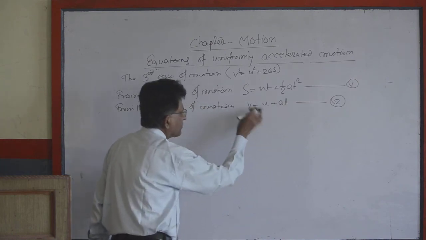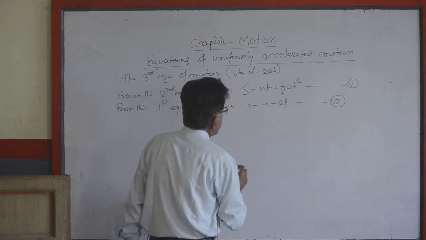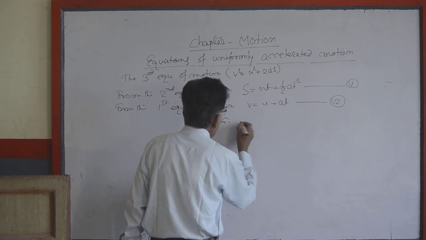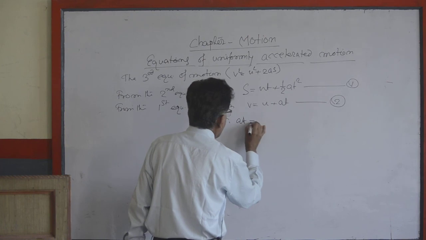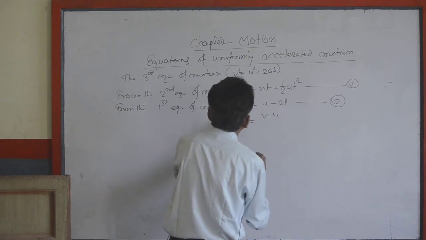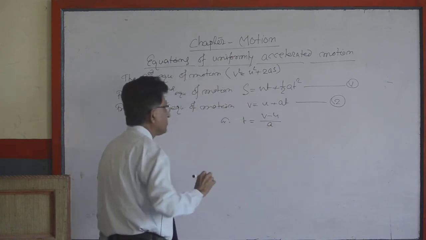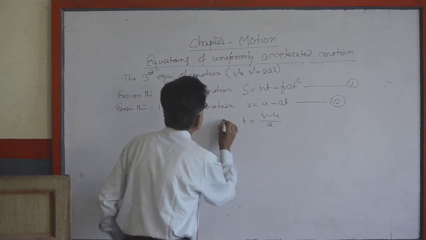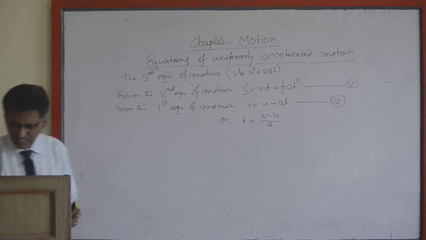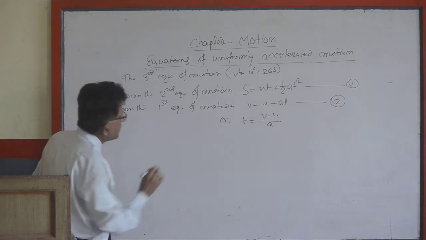We can derive time t from this equation. at equal to v minus u, or t equal to v minus u by a. Putting this value in equation 1.